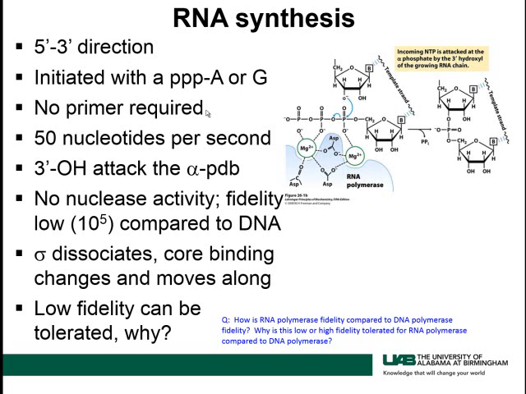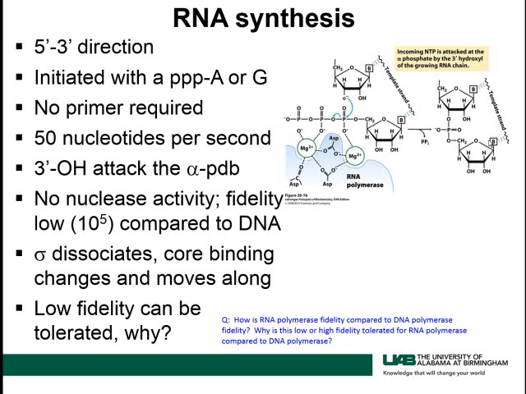There are 50 nucleotides added per second, and the 3' OH on the resident ATP then attacks the alpha phosphodiester bond of the incoming NTP right here, okay, to form a chain that is now grown by one extra nitrogen base.